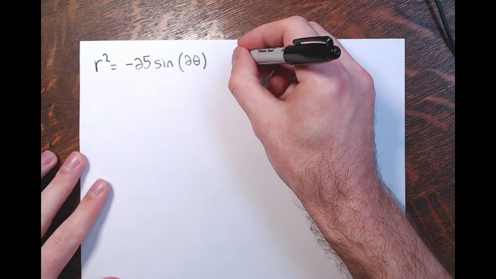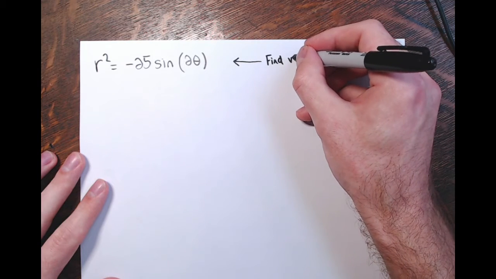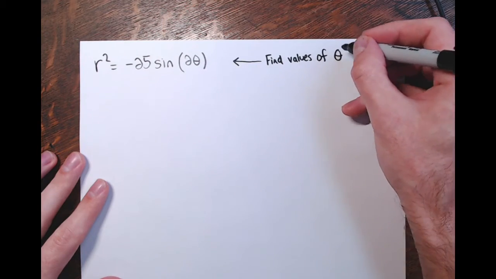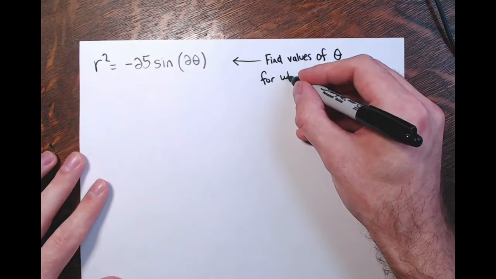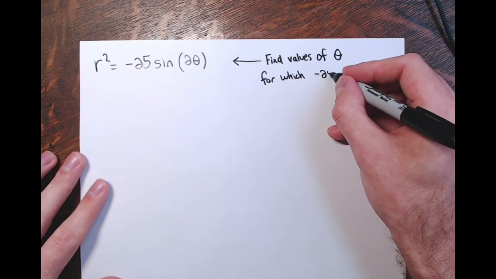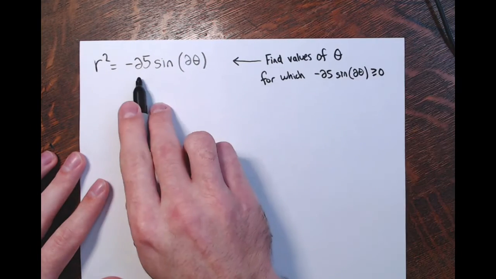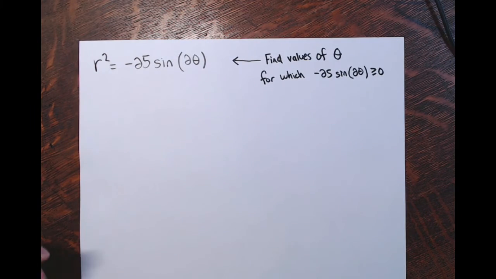So what I'm going to do here is find the values of theta for which this expression on this side is non-negative, for which negative 25 times the sine of 2 theta is greater than or equal to 0. Because if this ended up being negative, this would have no meaning, having r squared be negative. We're talking real numbers here, not imaginaries, not beyond the reals.